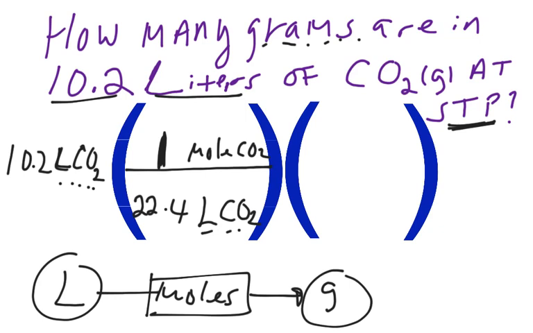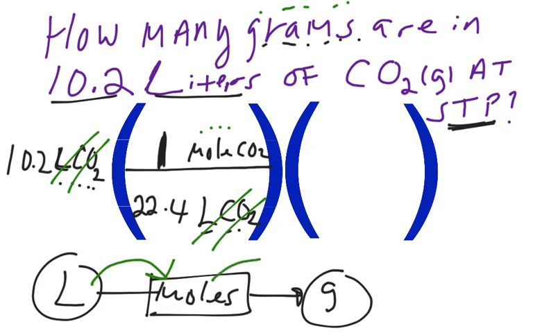Our liters of CO2 will cancel out, and we'll be left with moles. But the question asked us to find how many grams, so we're not going to panic. We went from our liters to our moles.